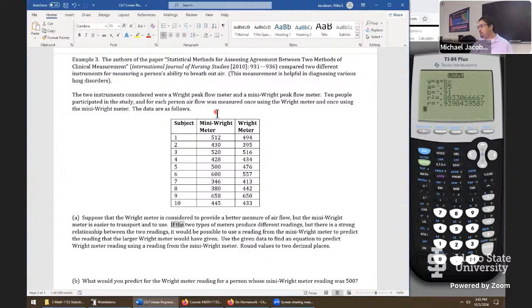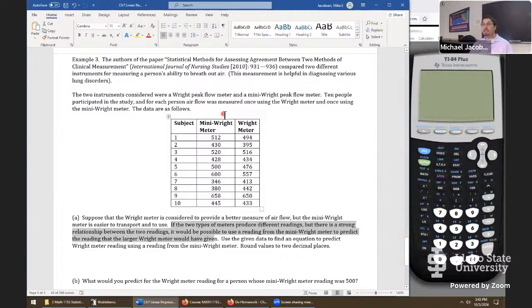It goes on to say, if the 2 types of meters produce different readings, but there's a strong relationship between the 2 readings, it would be possible to use a reading from the less accurate device, the mini meter, to predict the reading that the larger meter would have given. So if there's a strong correlation between these values, even if you use the less accurate one, we might come up with a formula to translate the less accurate results into what the more accurate device would have given. So it looks like that's the idea with these data so far.